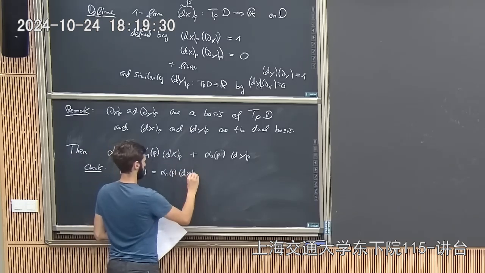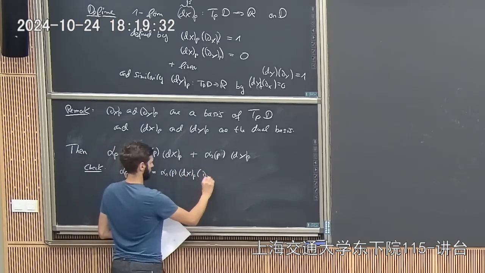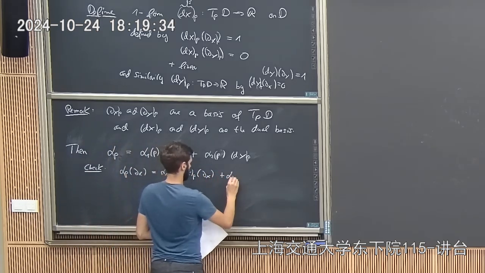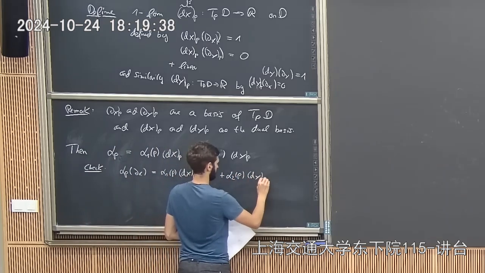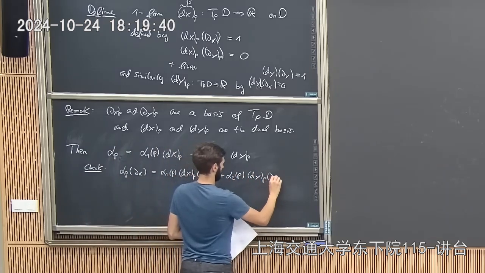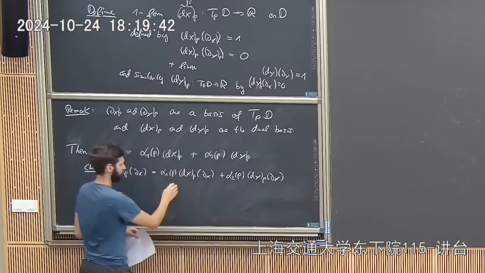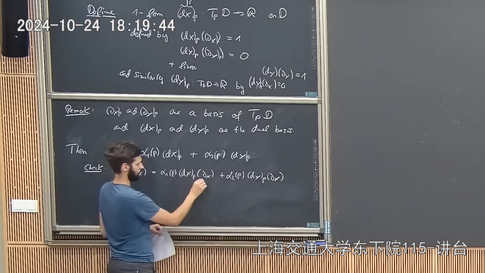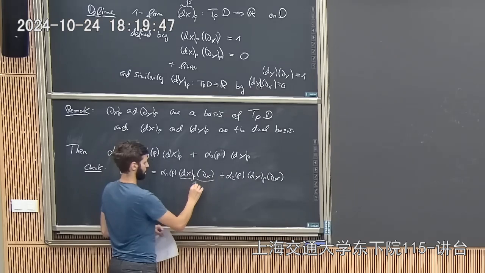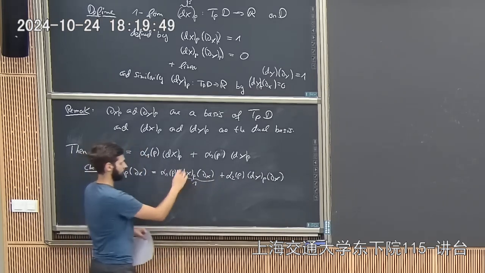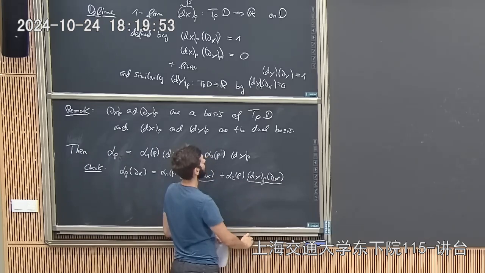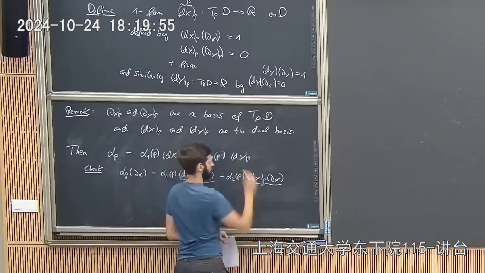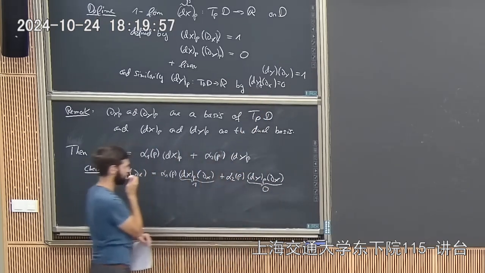Or maybe I do one very slowly. What happens is that dx on the partial x gives us 1 by definition of dx, and dy evaluated on the partial x gives us 0 by definition.